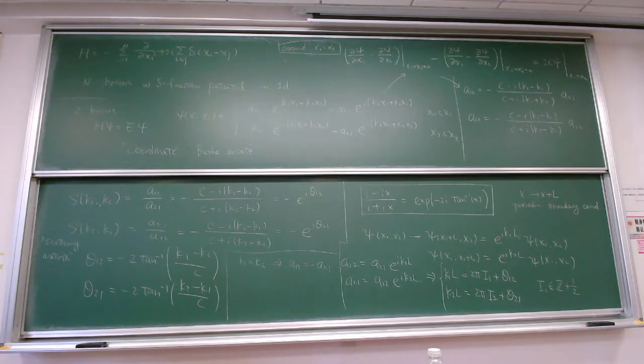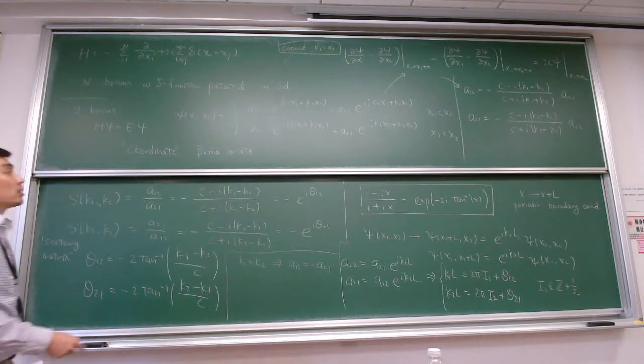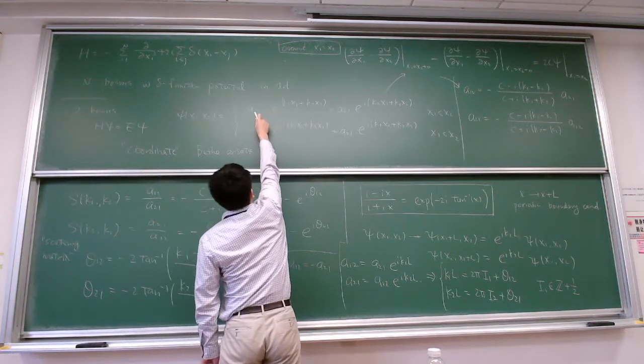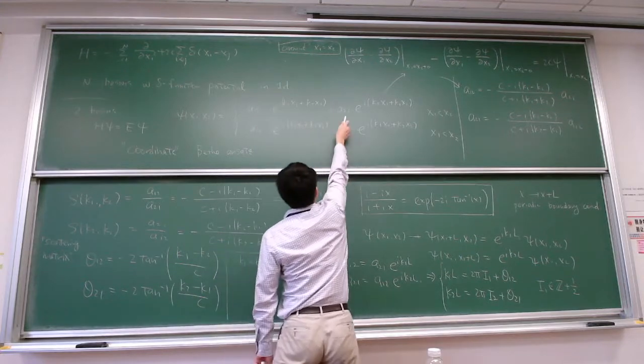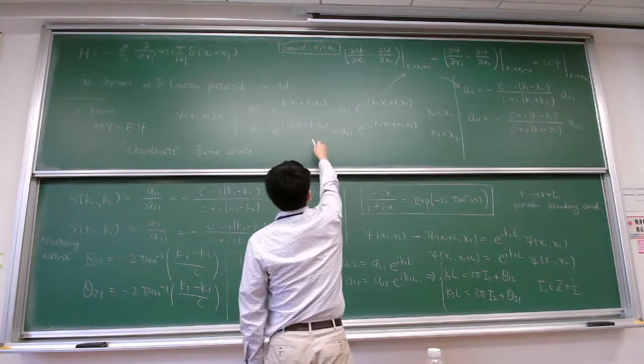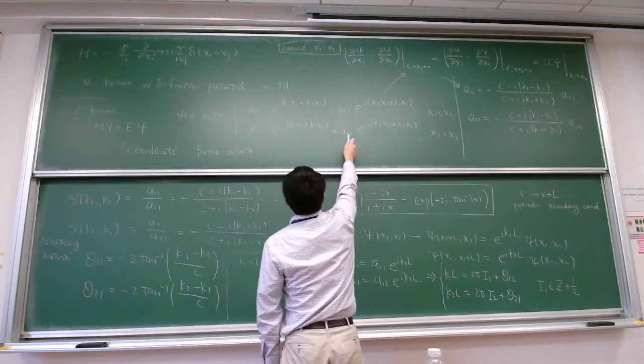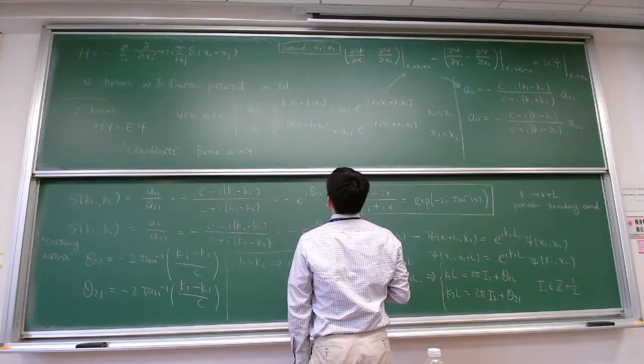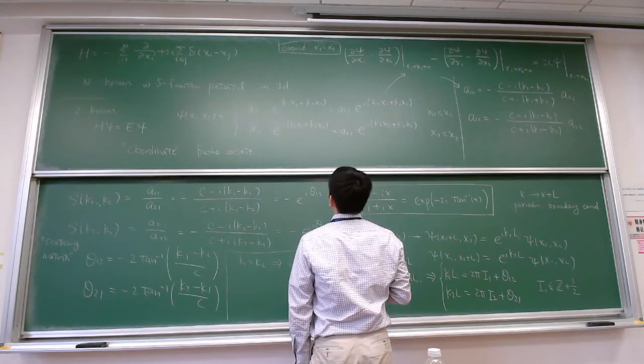So can you see that? Let's see. Plug this one into here, so you have the plus. Essentially, you have an overall factor, a minus sign, and on the other hand, if you go to the opposite side, you have a plus and a minus sign here.